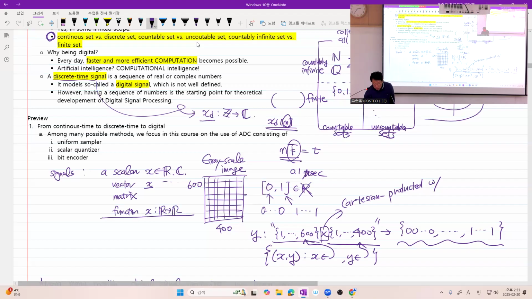And we may call this as a continuous time signal, a sequence. We may call this just simply a discrete time signal. And we may have a sequence of vectors, sequence of matrices.